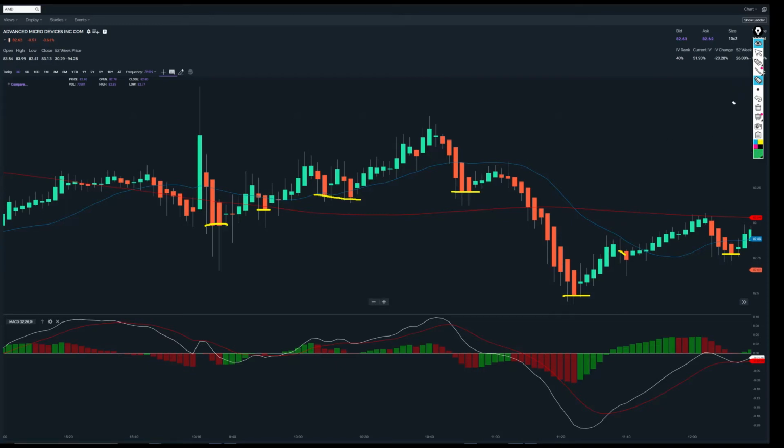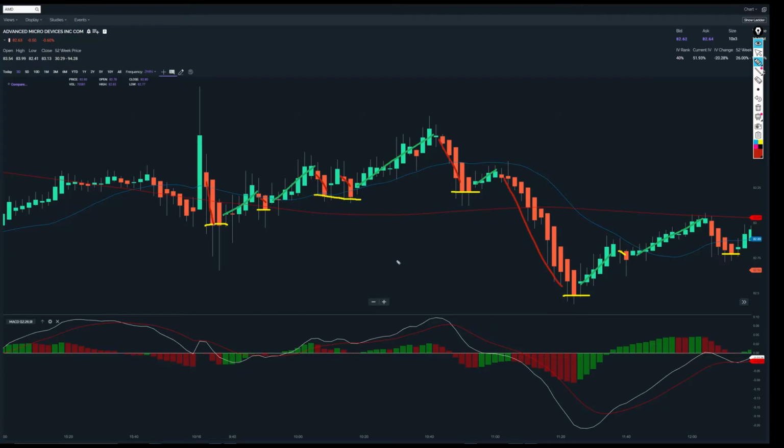Okay, that's an uptrend, uptrend, uptrend, small uptrend, uptrend, uptrend, and let's do red for our downtrends. Small, small, small, big, big.